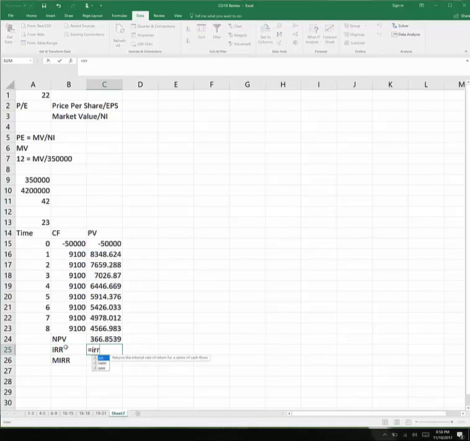For internal rate of return, we can just simply grab all our values. Same thing for modified. So these are questions 24 and 25.